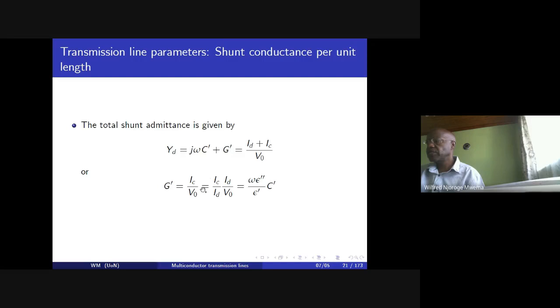We are taking the ratio of the conduction current to the displacement current, and removing that division by using the displacement current divided by the voltage across the line. And we see that this is just going to be given by the ratio omega epsilon double prime over epsilon prime, multiplied by the capacitance per unit length, because this is the capacitance per unit length there.